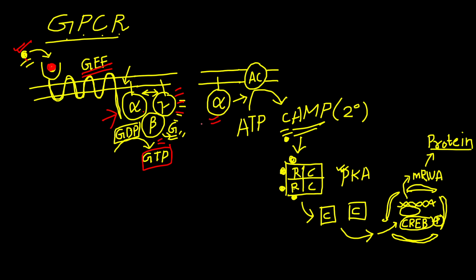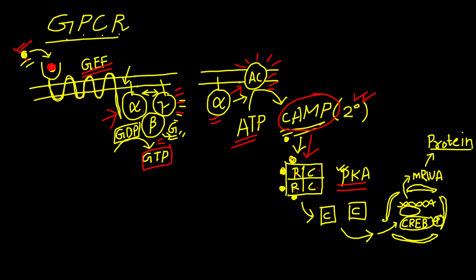Alpha subunit of G protein activates the adenylate cyclase. Now this adenylate cyclase converts the ATP into cyclic AMP, which acts as a second messenger. Cyclic AMP activates the downstream protein molecule like protein kinase A, which consists of two regulatory subunits and two catalytic subunits.